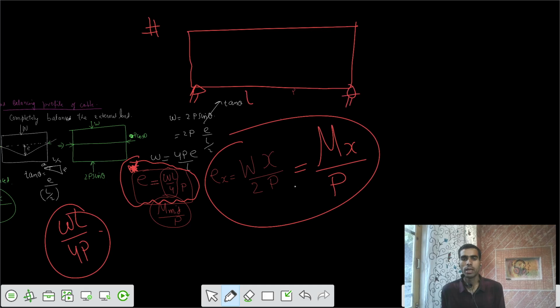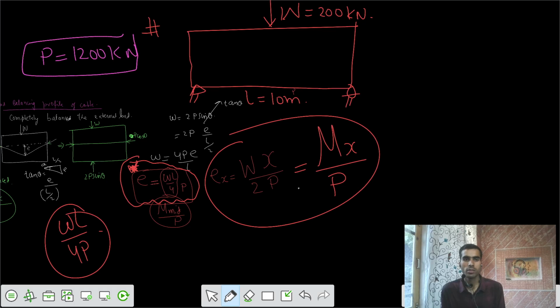I have a beam of length L equal to 10 meters, and I am applying an external load P at the midspan equal to 200 kilonewton. And you tell me what should be my eccentricity at the midspan for my prestress force of 1200 kilonewton?